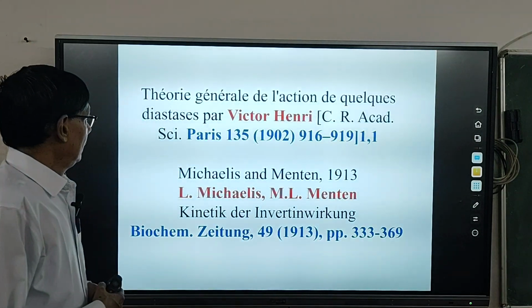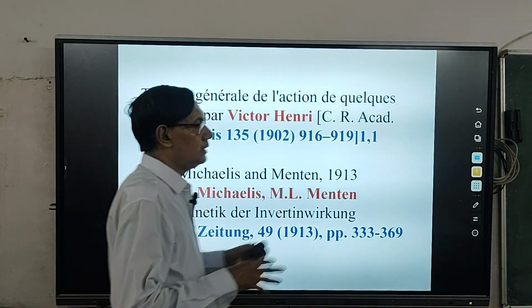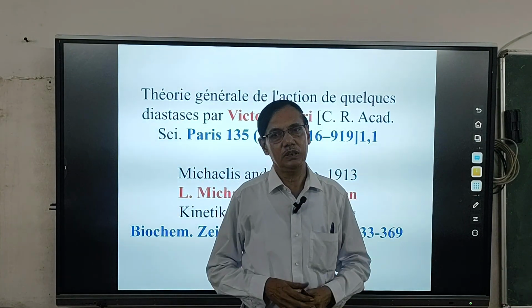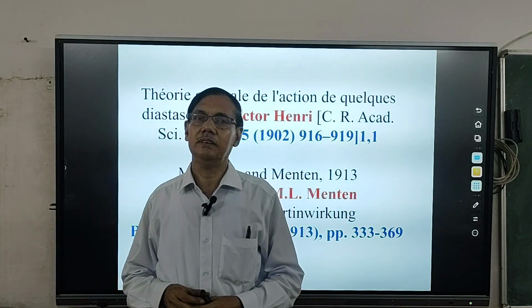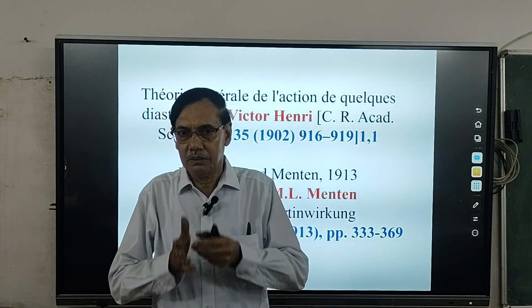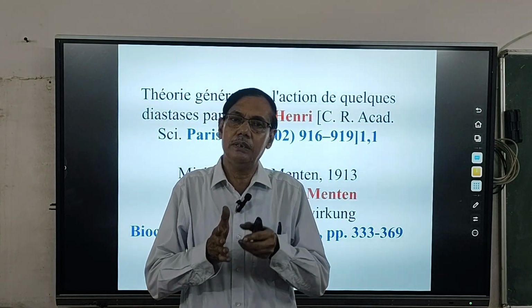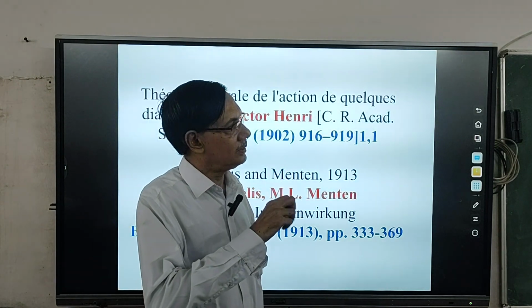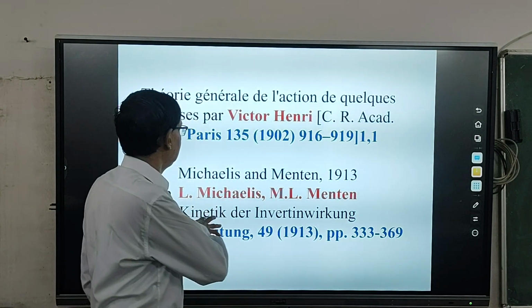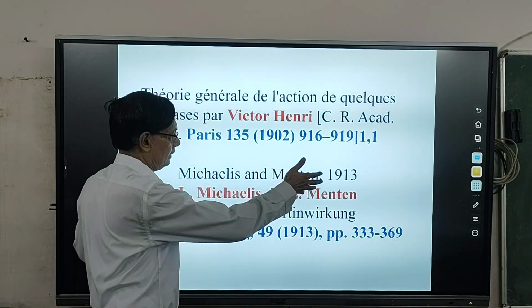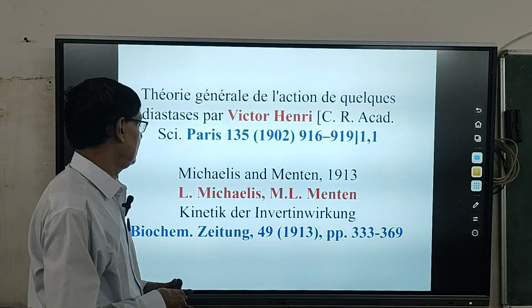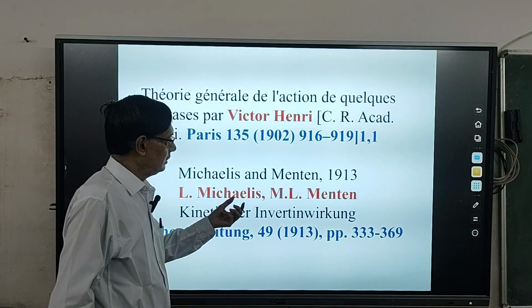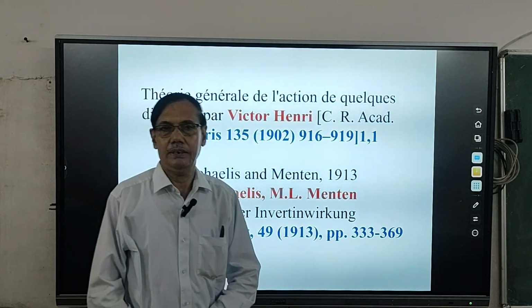Now there is some confusion about the history of enzymes or the history of catalysis. You all know that Berzelius discovered catalysis, and Buchner and so many others contributed. But when we concentrate only on enzyme kinetics, we always consider Michaelis and Menten, two different scientists, one from Germany and another from another country, as having started enzyme kinetics.